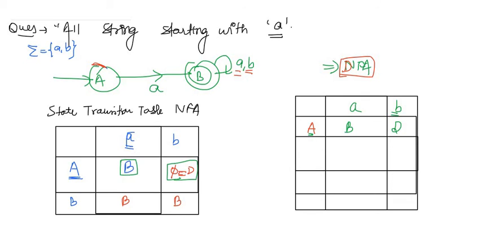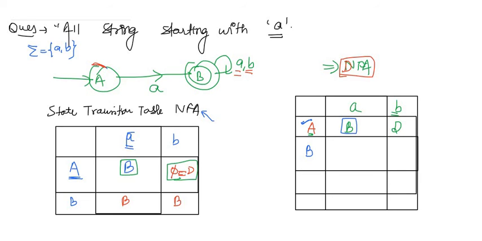Now we don't need to take all the states from NFA. We will observe the state transition table of DFA. Here we have taken all the transitions for state A. Now we will consider all the transitions for the state B. So we will write B here.